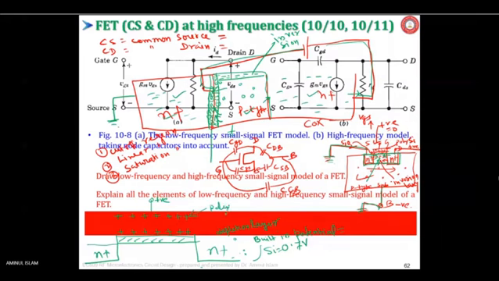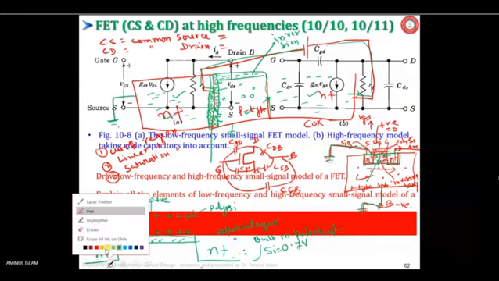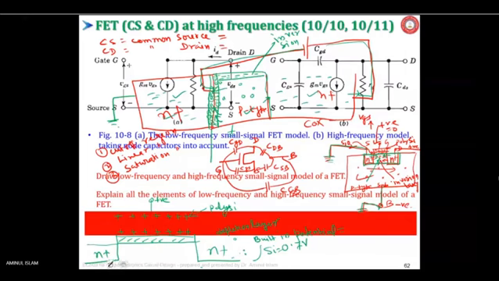polysilicon, are repelled. Holes are repelled, so what is left behind? Tell me. If holes are repelled, what will be left behind? Is it a negative ion or a positive ion? Negative ion.